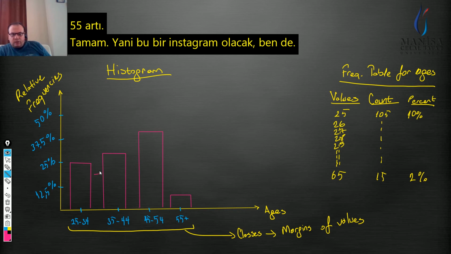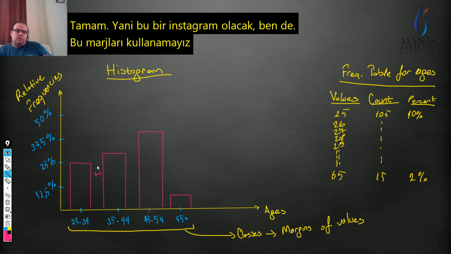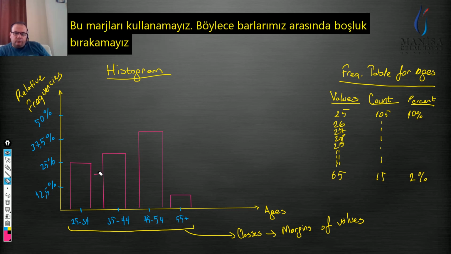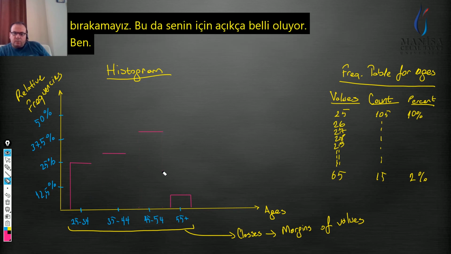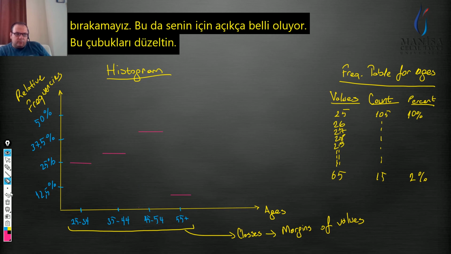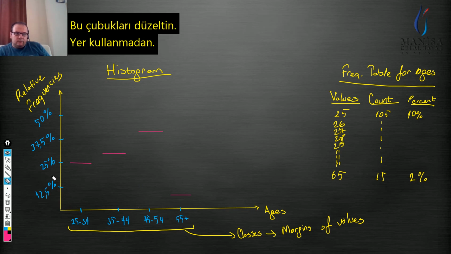And also we cannot use these margins, so we can use just no space between our bars, so it makes it clearer for you. And I'm gonna correct these bars by using no space, like this one.